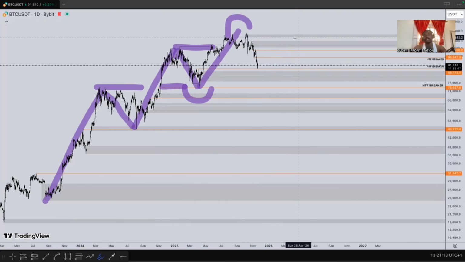Okay, now mind you, it's very possible for the market, even on a macro perspective like this, to change character, meaning that we can probably see Bitcoin back at the 65K level. We have demand levels around that area that are still very much valid.